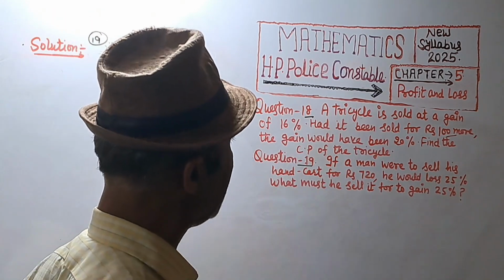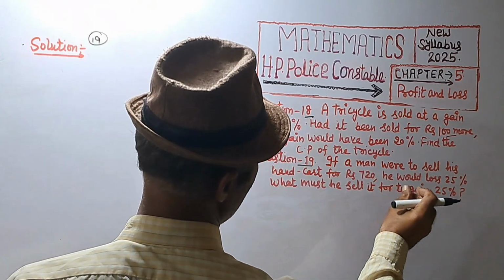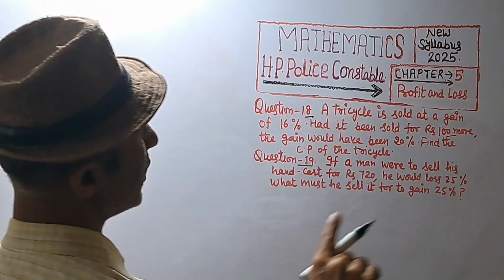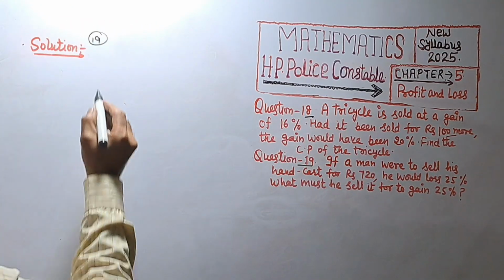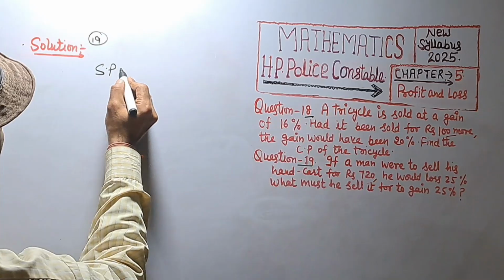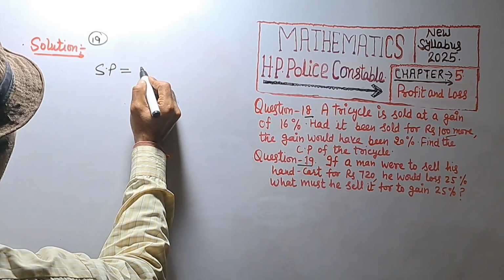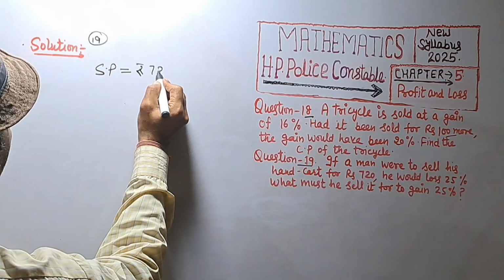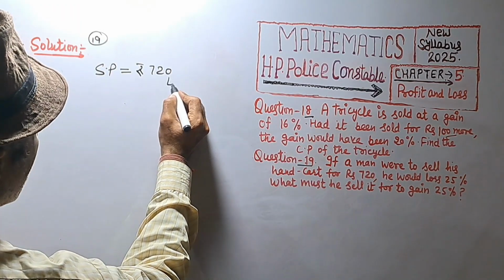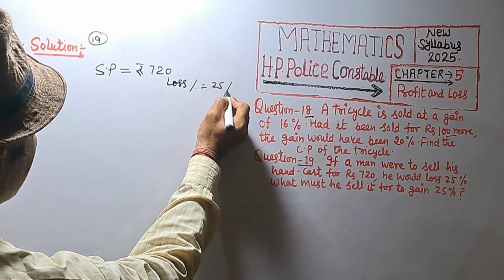Question number 19. If a man were to sell his hand cart for rupees 720, he would lose 25%, but for what must he sell it to gain 25%? Selling price equal to rupees 720 and loss percent is equal to 25%.